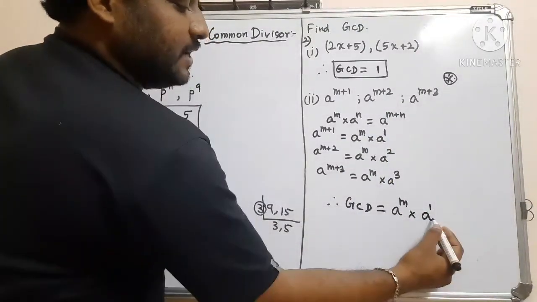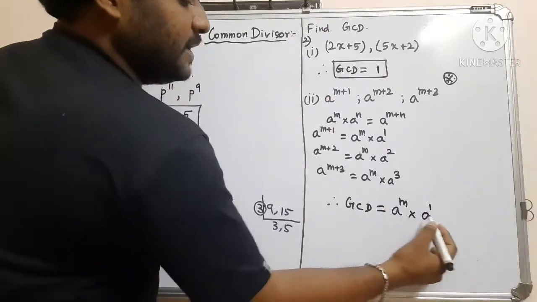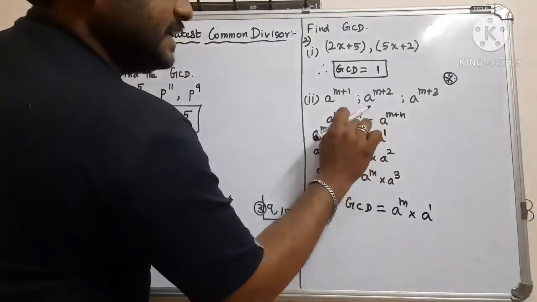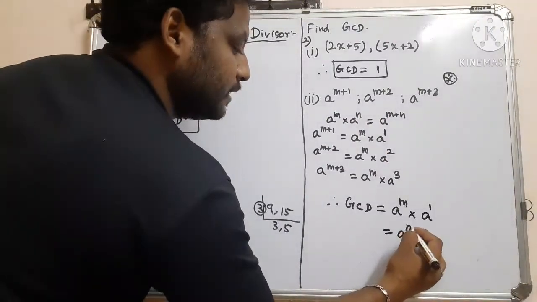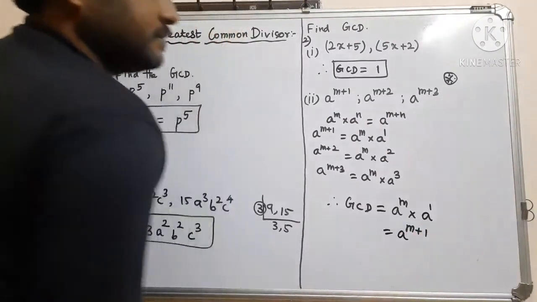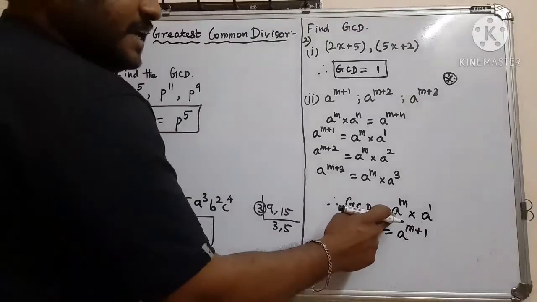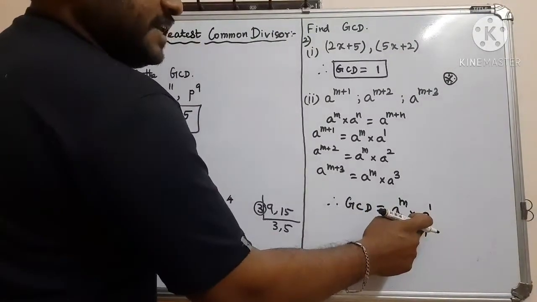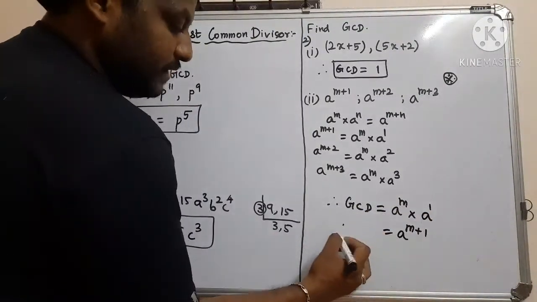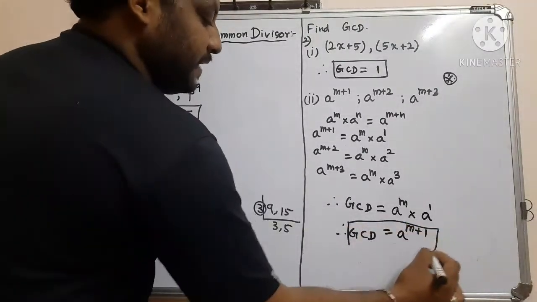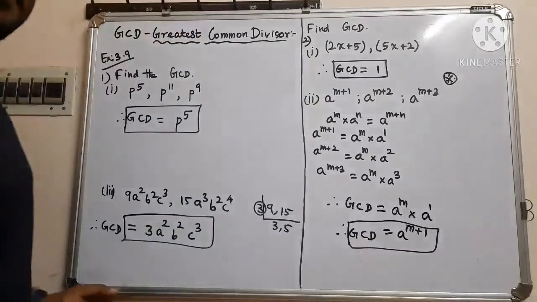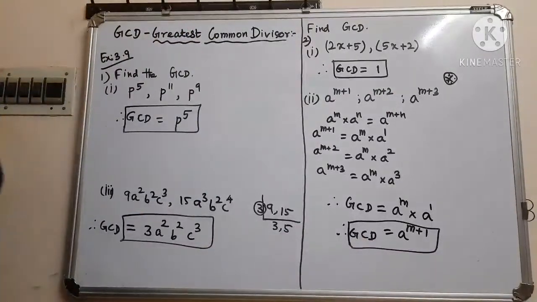So, a power m into a power 1 should be written as a power m plus 1, because a power m into a power n is equal to a power m plus n. Therefore, GCD is equal to a power m plus 1. Clear? This is a very important 2 mark question.